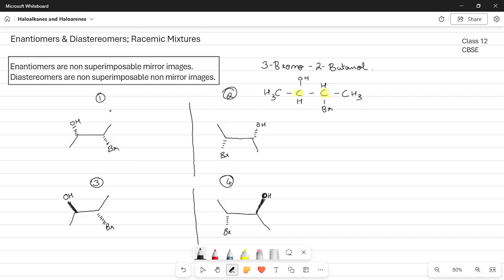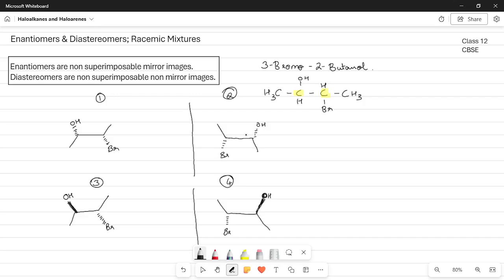But if, let's say, one is rotating it to the right, then the enantiomer 2 would rotate to the left. So enantiomers have similar physical properties, but the one thing that is different is that they rotate the plane of polarized light either to the right or the left, and they're opposite to each other. So that is all.